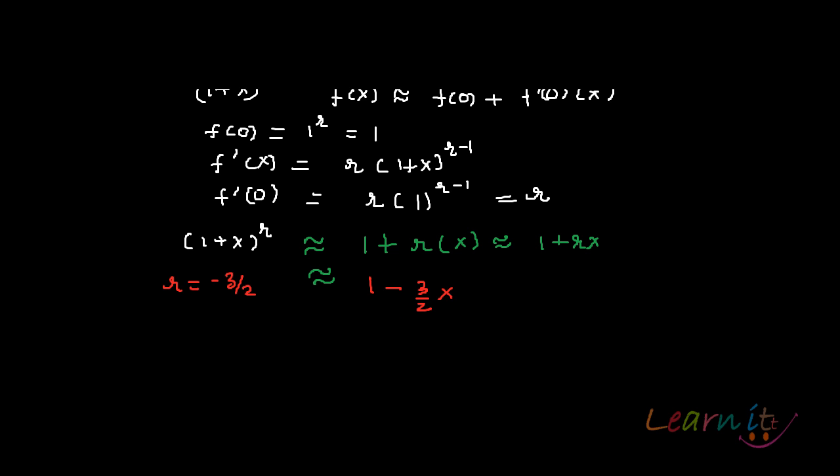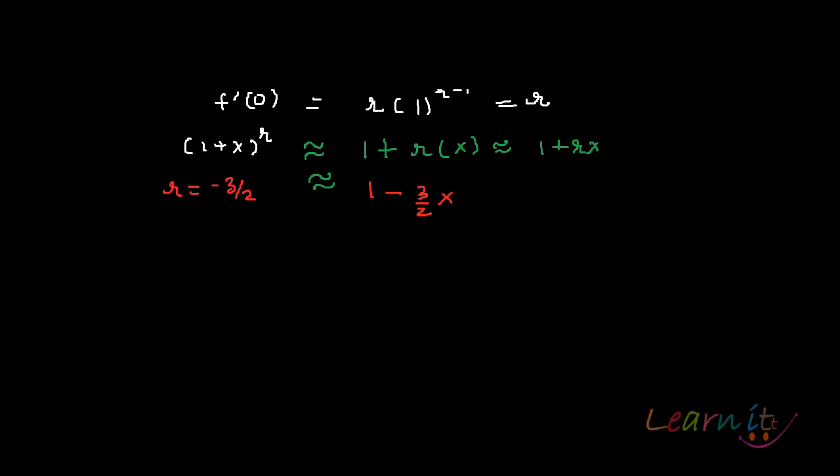So a good approximation of the original function given to us, e to the 2x into (1 + x) to the minus 3 by 2, near 0 will approximately be (1 + 2x) into (1 - 3/2 x).